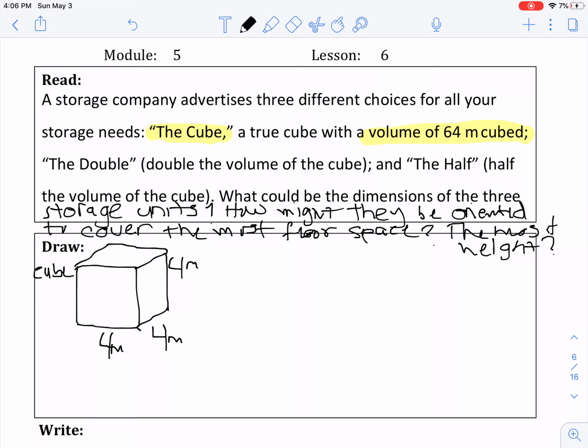The double is double the volume. So double this volume, if you double it, 64 times 2 would be what? So the double is 64 times 2, which is 128 meters cubed.